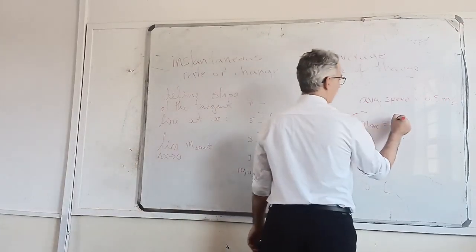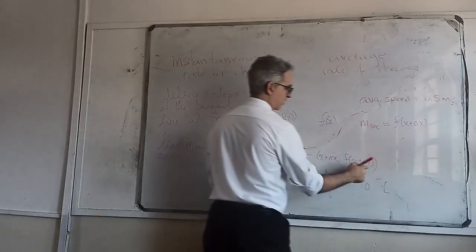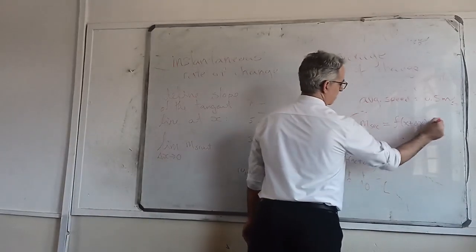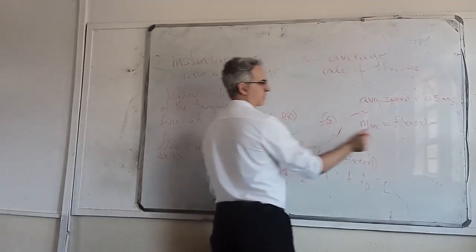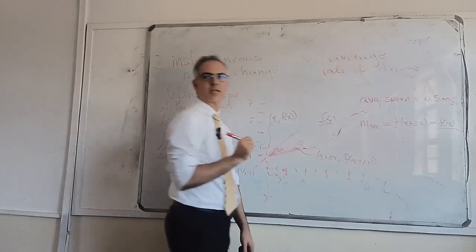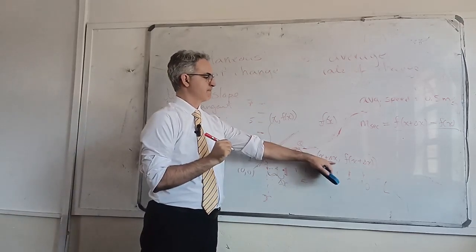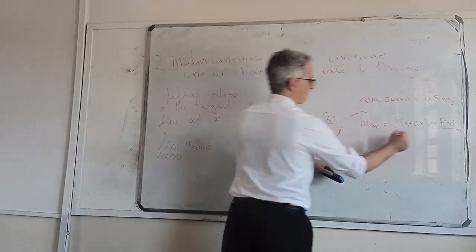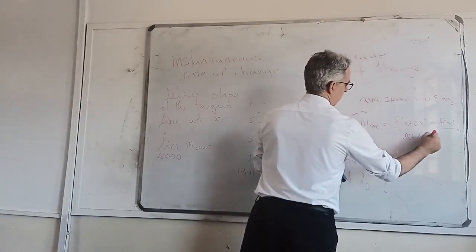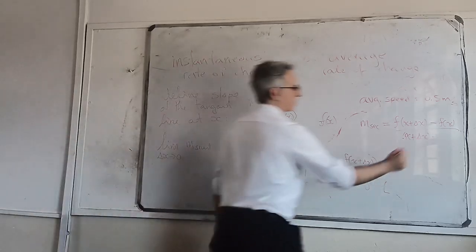Okay. f of x plus delta x, that's this one, minus this one, which is f of x. And I divide by what? By x plus delta x minus x.